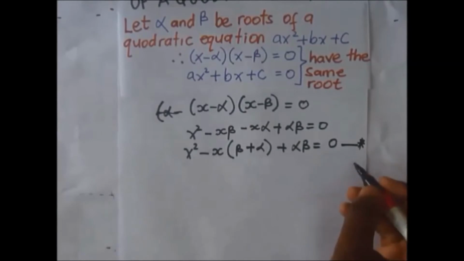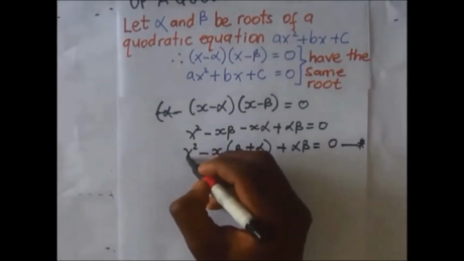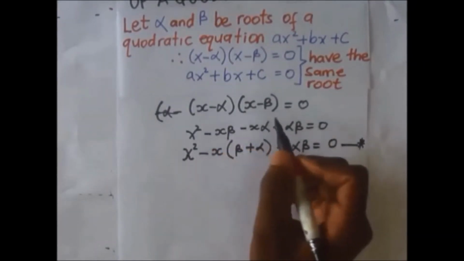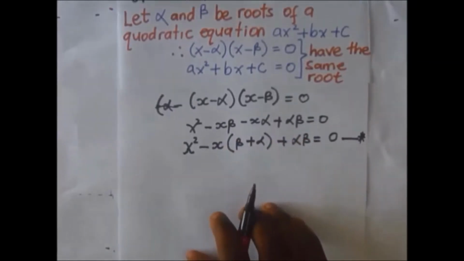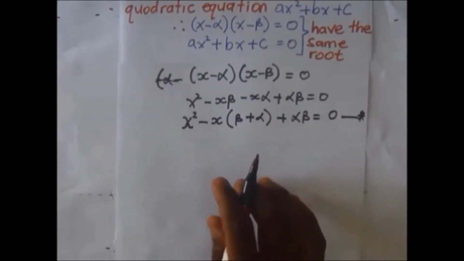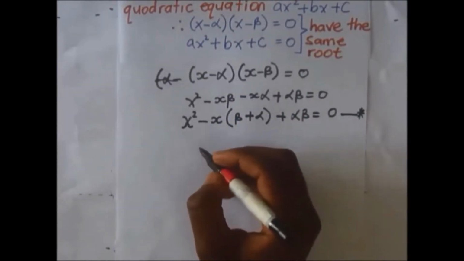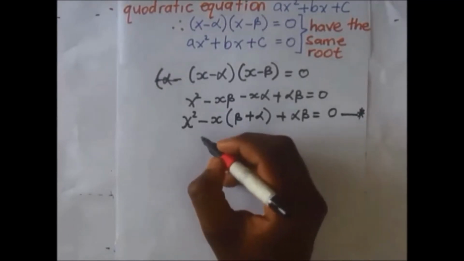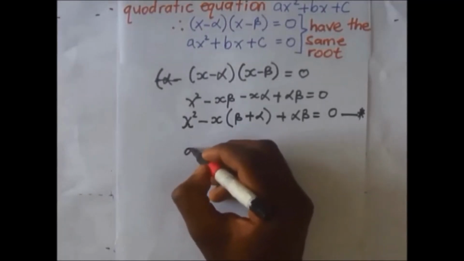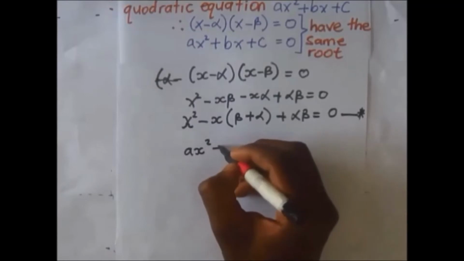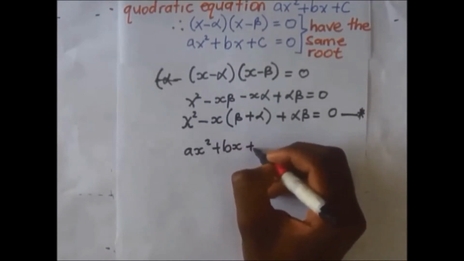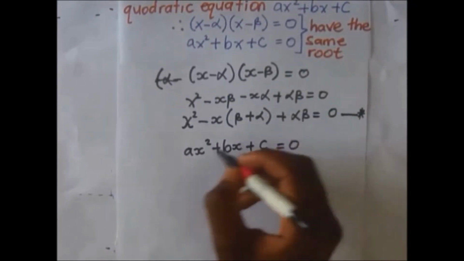That's now a quadratic expression in x. Good from expanding that. This, we relate that to this other equation since they are having the same roots. Relating that to ax squared plus bx plus c is equal to 0.